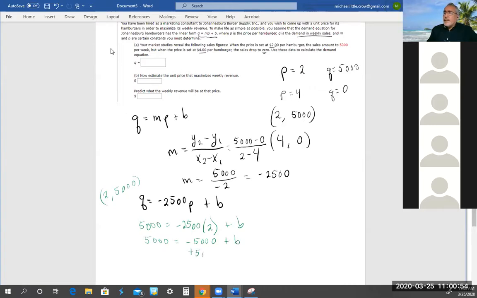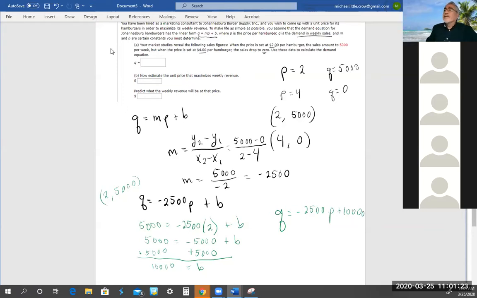Add 5,000 to both sides. You get that B, or your y-intercept, is equal to 10,000. So our equation is Q equals minus 2,500 P plus 10,000. That's the answer for A.